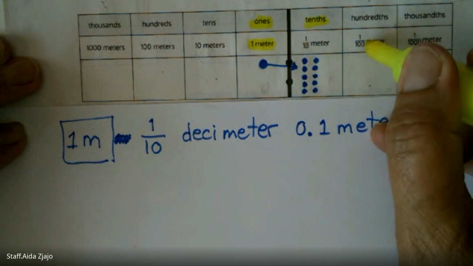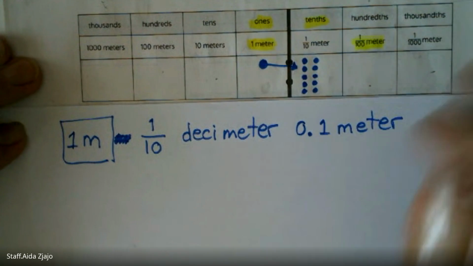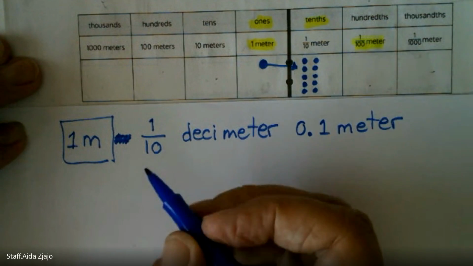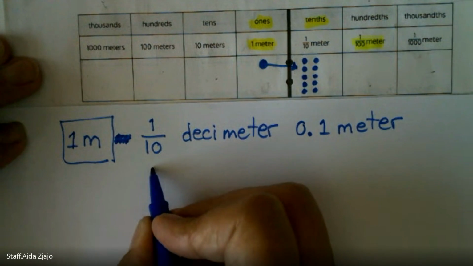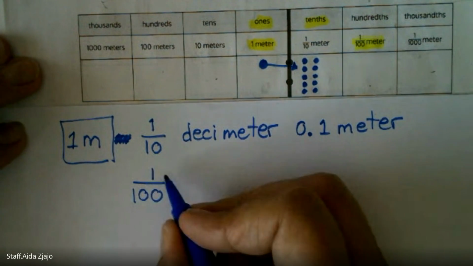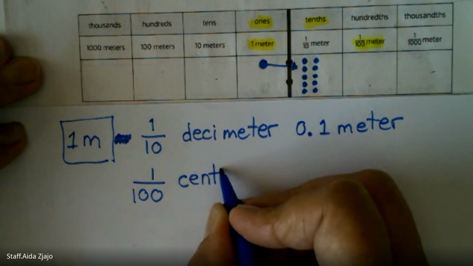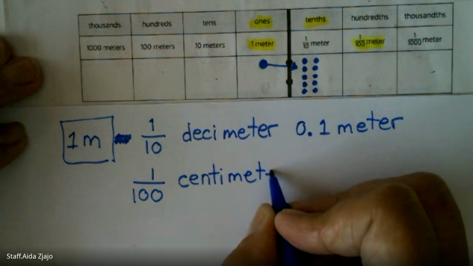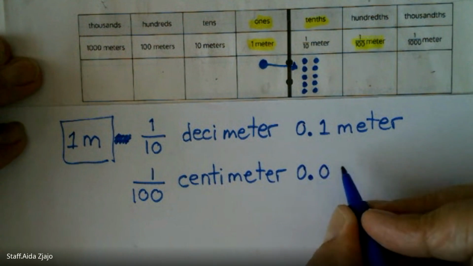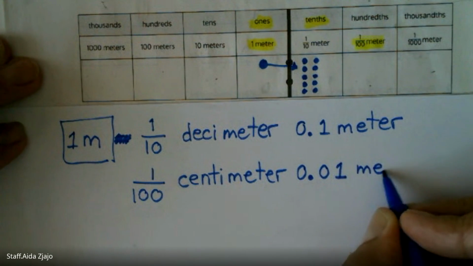So I can say that a centimeter is 1 out of 100 of a meter, and we can also say it is 0.01 meter.